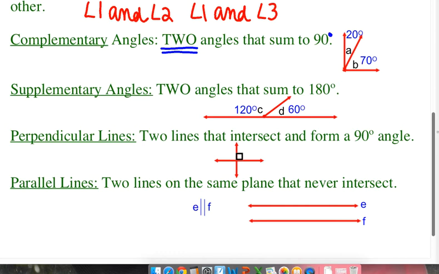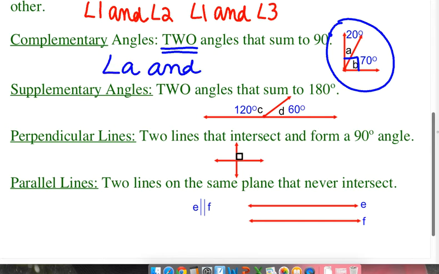So I've drawn a little example here where angle A is 20 degrees, angle B is 70 degrees, and when you add them up, they create a 90 degree angle. So the two angles that are complementary are angle A and angle B, because they sum to 90 degrees.